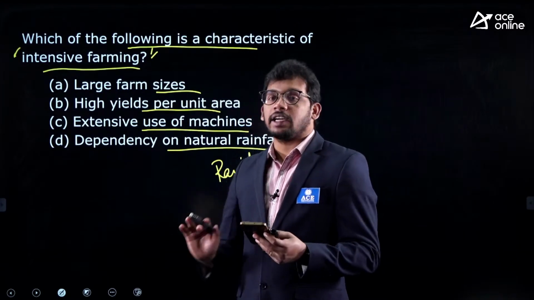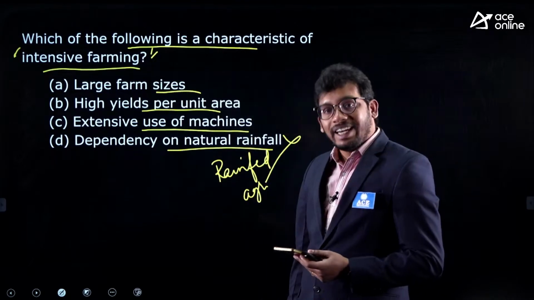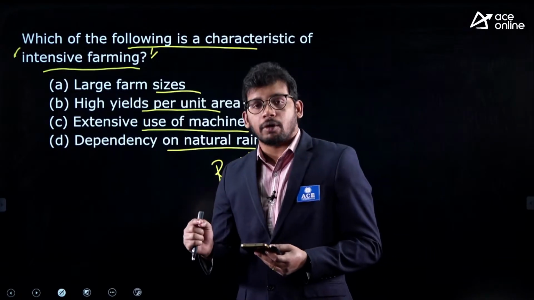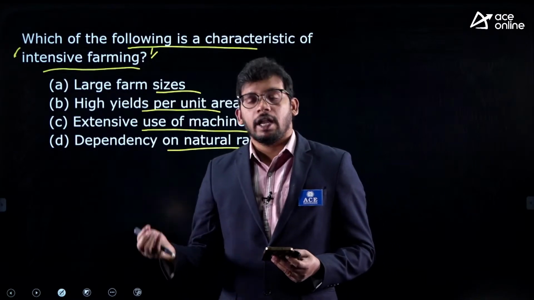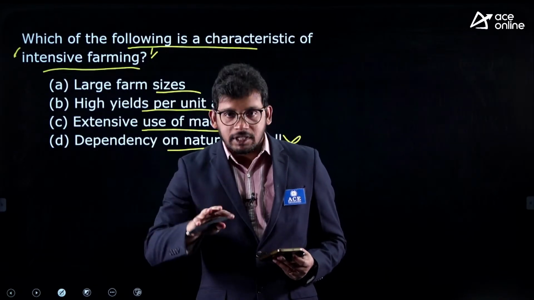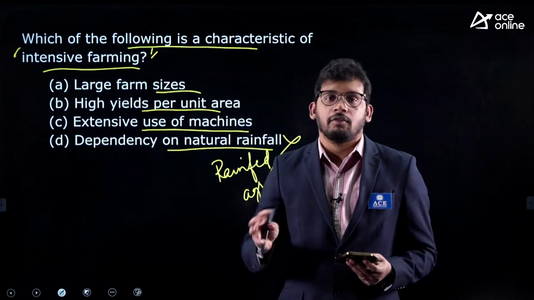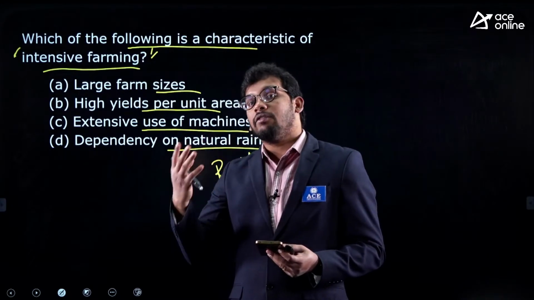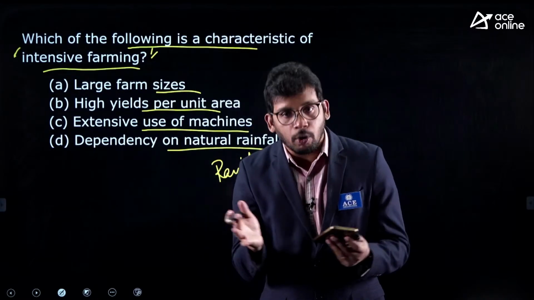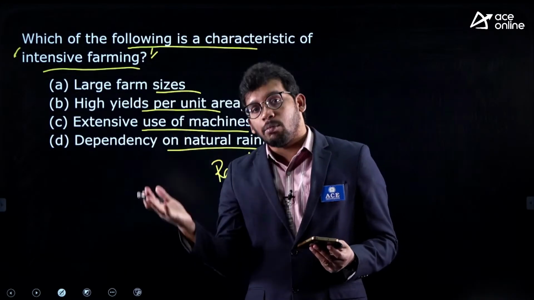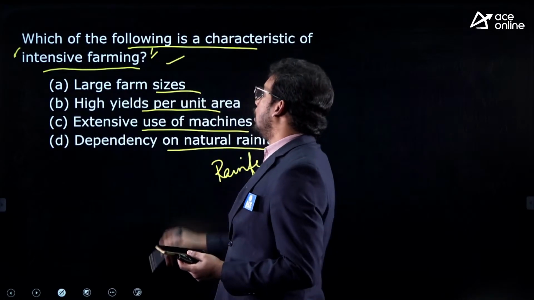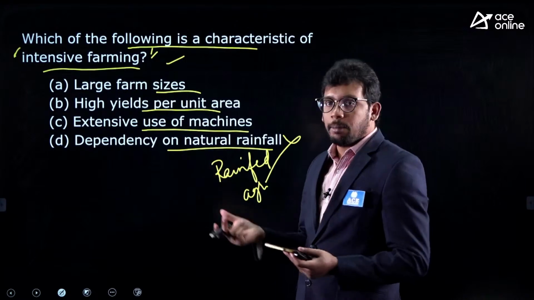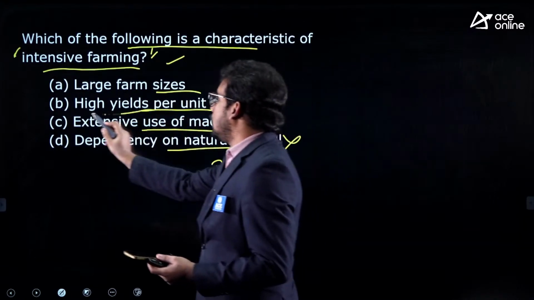But let's understand what intensive farming is. Intensive farming means use of inputs in a very high manner, like seeds, pesticides or irrigation, but ultimately we want high productivity. Take a small land but produce a very high amount of crop. That is called intensive farming. The main core element of intensive farming is high yield.